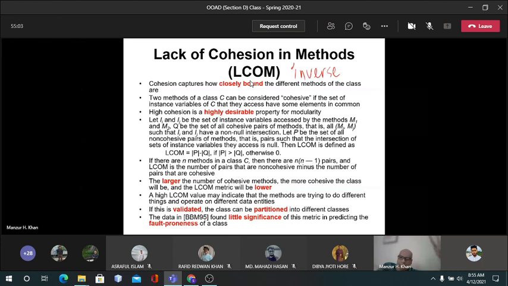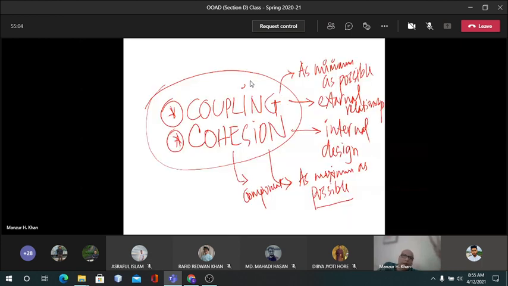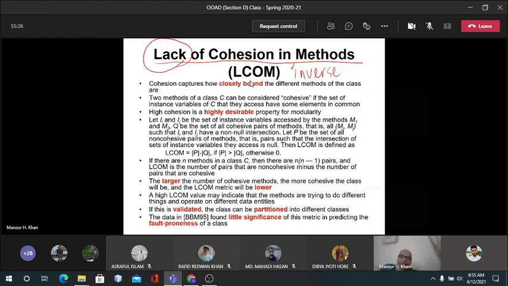See, a while ago, while talking about coupling and cohesion, I said cohesion should be as maximum as possible. High cohesion is a desirable value. Okay, cohesion should be high, coupling should be low. Here, look at the name of the matrix. Lack of cohesion. What we want is presence of cohesion, whereas this matrix calculates lack of cohesion.